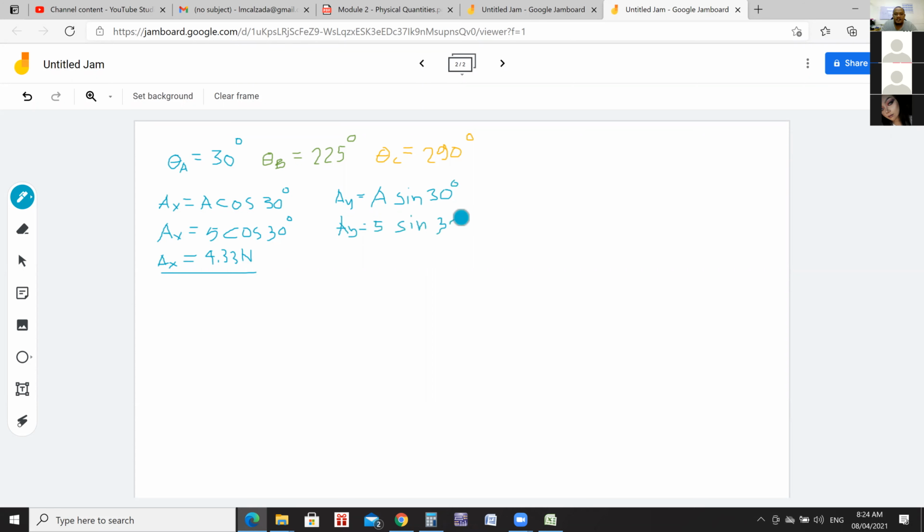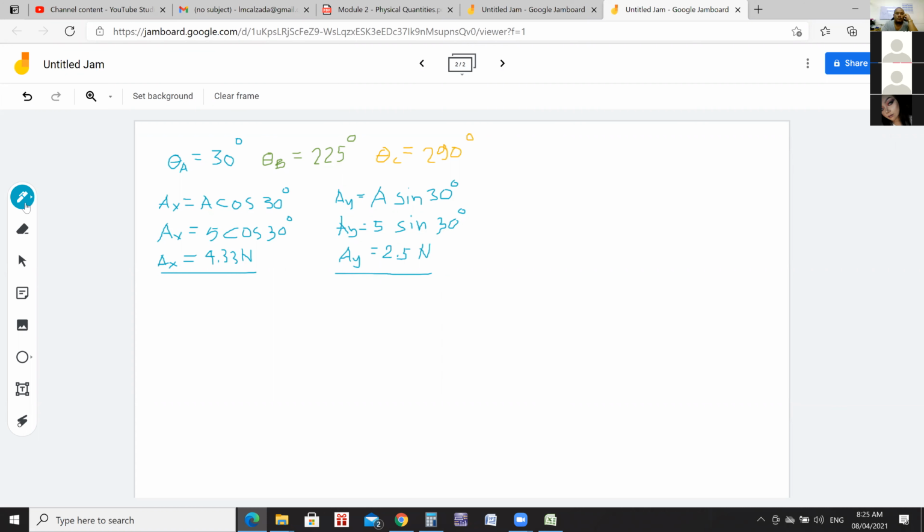The sine of 30 degrees is equals to 0.5. So we have here AY is equals to 2.5 Newton. Okay? So nakuha na nato ang mga components sa itong vector A.